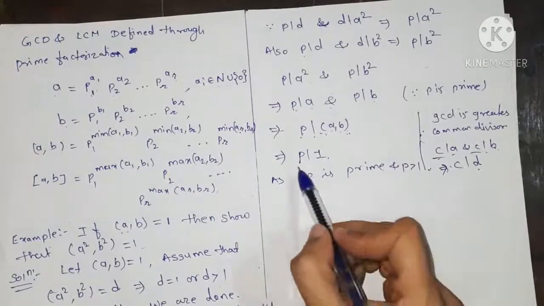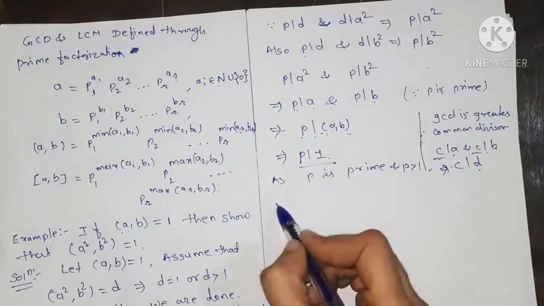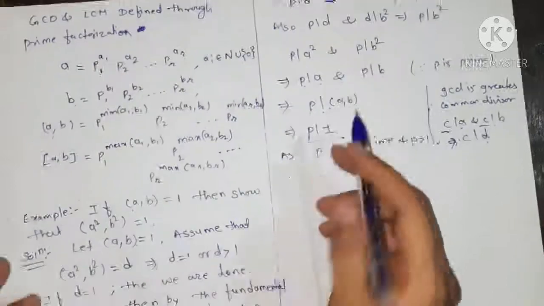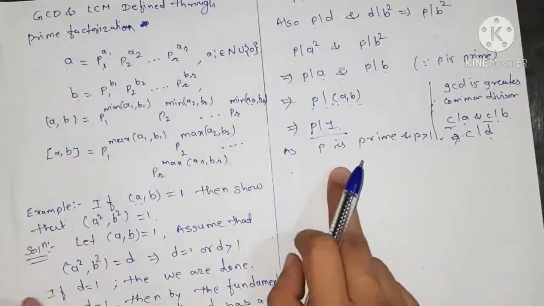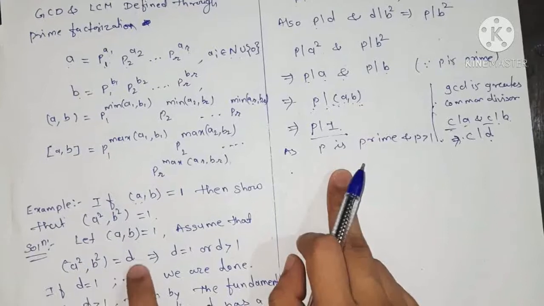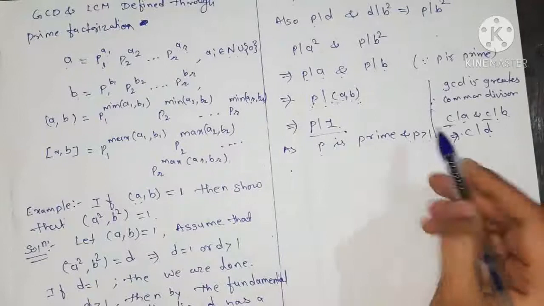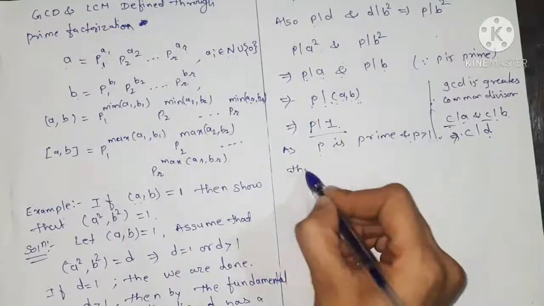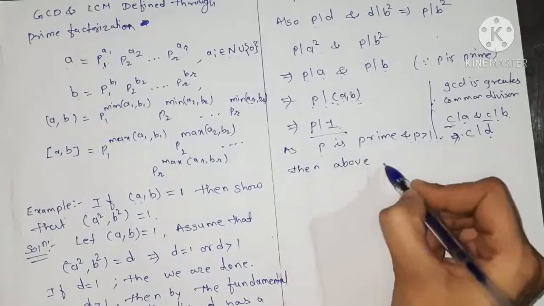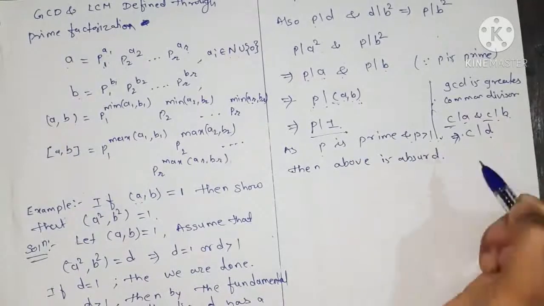So this is not true, which gives us a contradiction. Here we are proving this by contradiction, by assuming that the GCD of A square comma B square equals D. As P is prime and P is greater than 1, the above equation is absurd. Absurd means it is not correct.